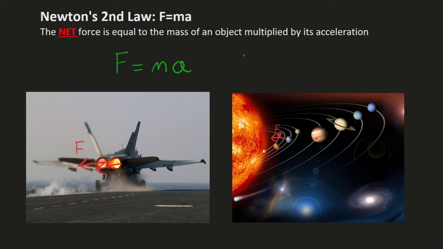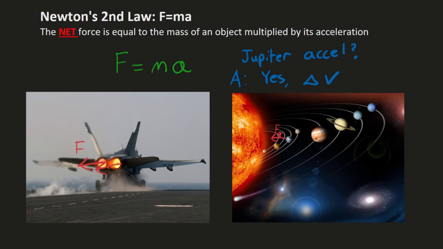Now, a quick question for you. Is Jupiter accelerating as it orbits the sun? Think about the definition of the first law. The answer is yes, it is, because there's a change in the velocity of Jupiter.